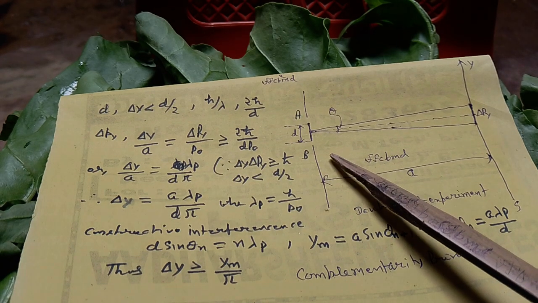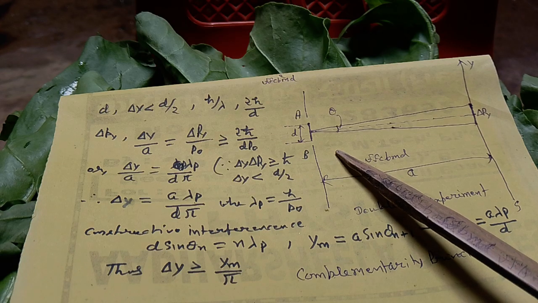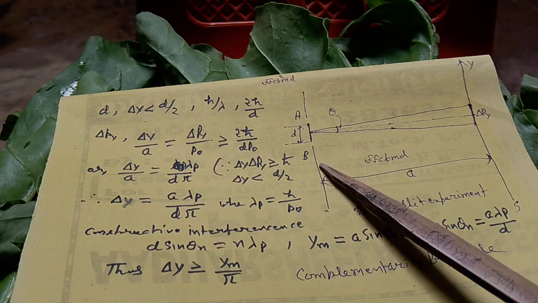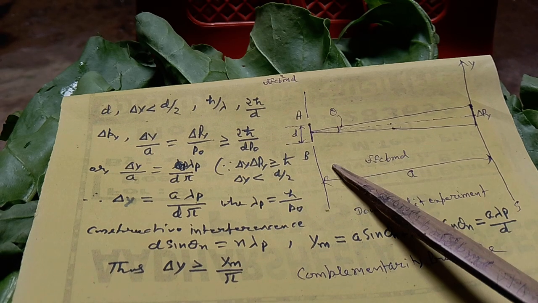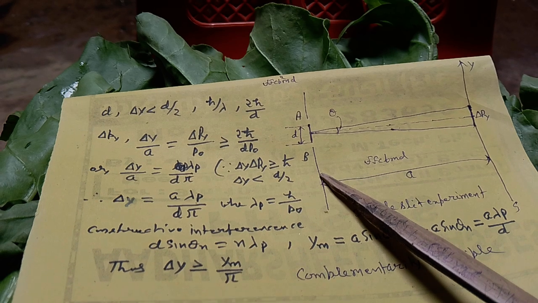If after some time we plot the total number of particles arriving at the screen as a function of position, we observe an interference pattern. This is a characteristic of waves and can be explained as follows.